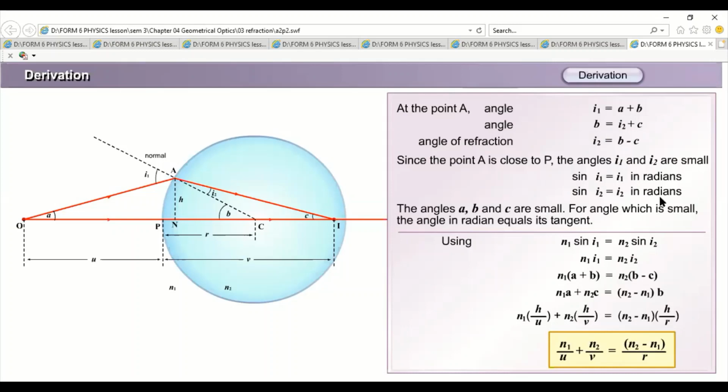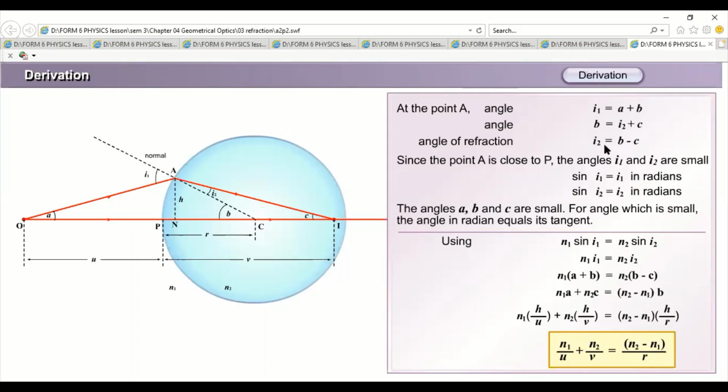Ladies and gentlemen, by using the formula N1 sin I1 equals N2 sin I2, we get N1 I1 equals N2 I2, because sin I1 is very near to I1 and sin I2 is very near to I2.